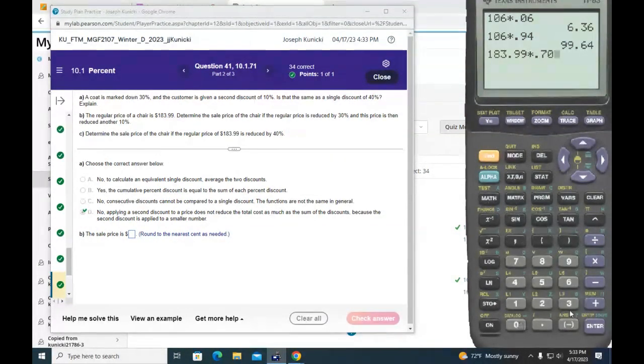And then she gets another 10% reduction, so that's times 90%. So the 0.7 is the first discount. That's your price after the first discount. And then you multiply by 10% less. That's your second reduction. But this way we do everything at once because they want the price. So it's $115.91.